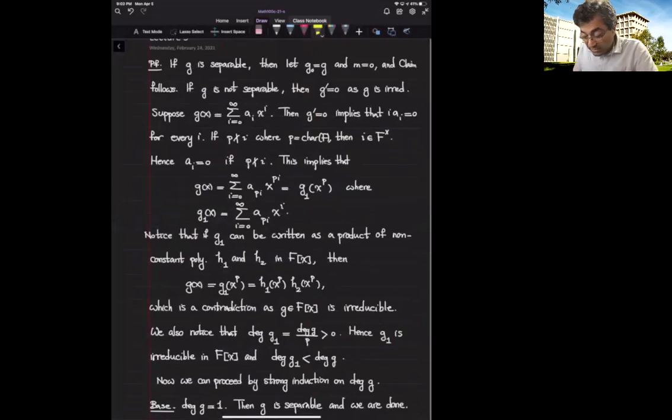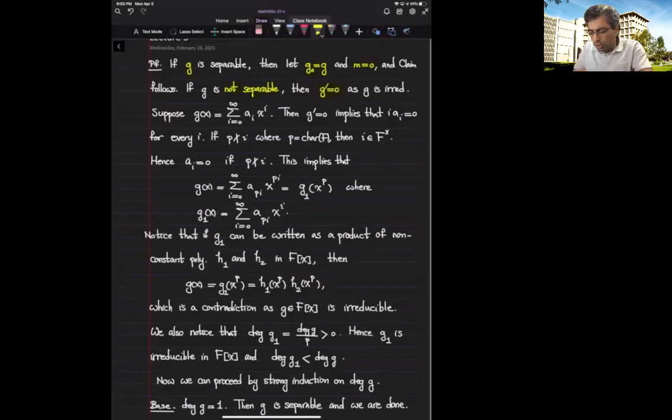So if g is separable, then as I've mentioned, I can just let g naught be g and set m equal to 0, and there is nothing to prove. It's fine. So for separable polynomials, I'm okay. If g is not separable, though, then what does that mean? Because g is irreducible, we have already proved not being separable is equivalent to saying that g prime is 0.